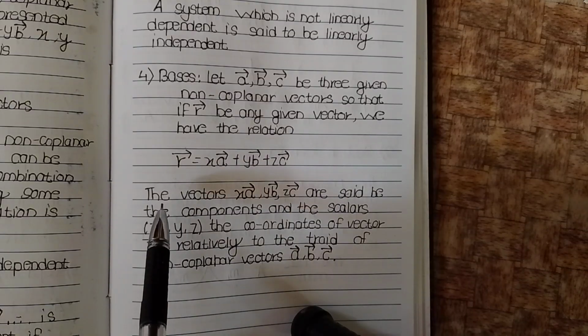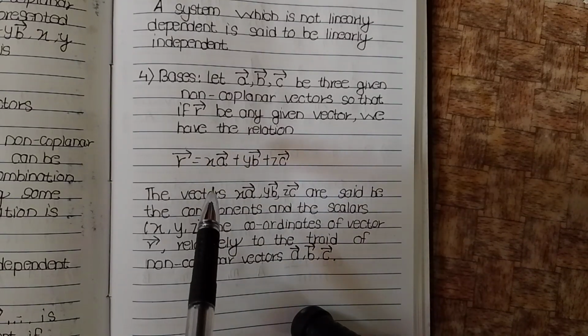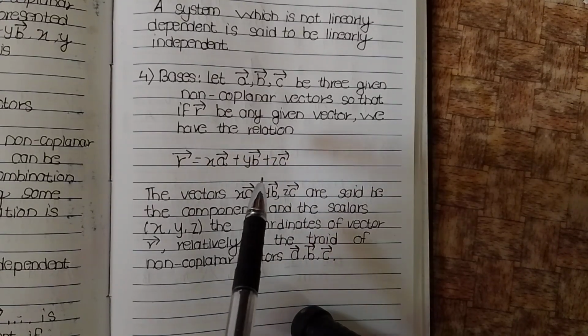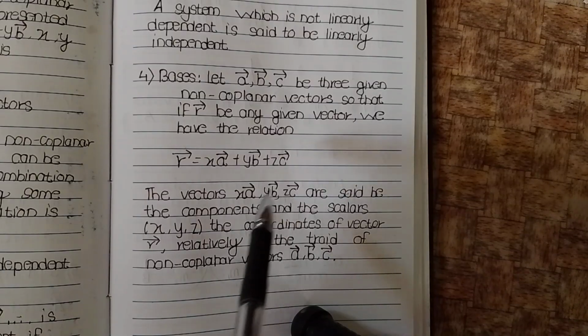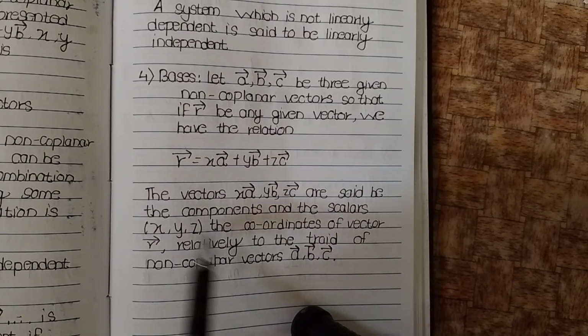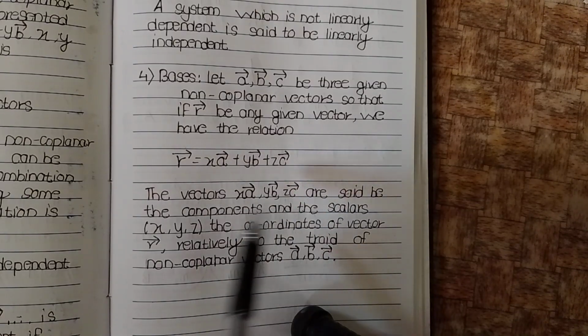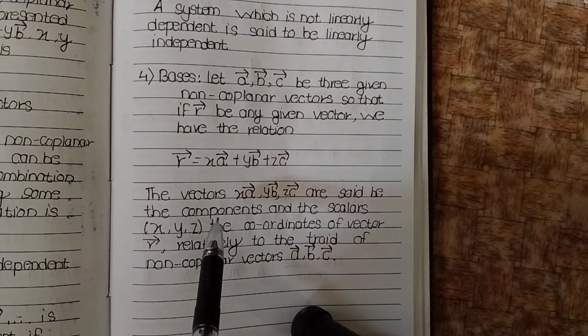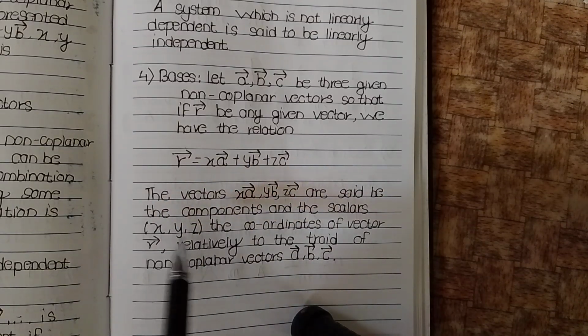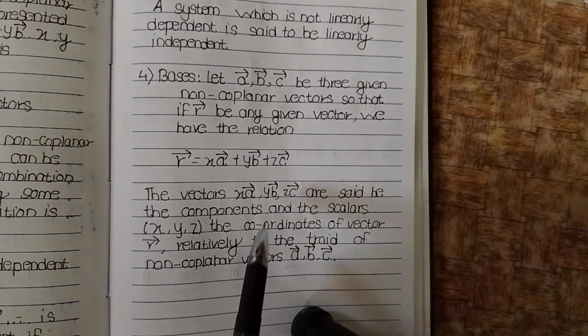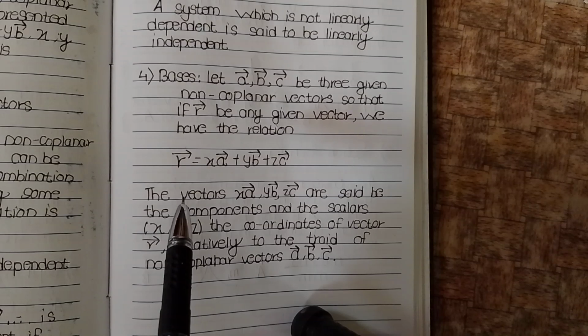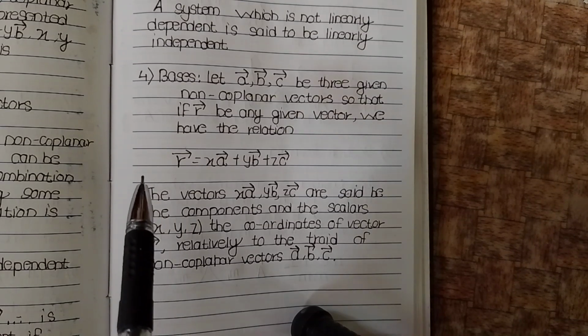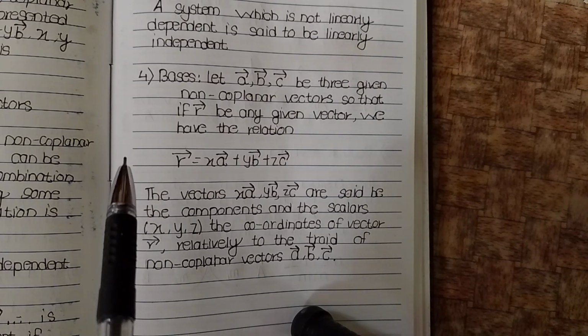Here I have written some notes. The vectors X A vector, Y B vector, Z C vector are said to be the components, and the scalars X, Y, Z the coordinates of the vector R vector relative to the triad of non-coplanar vectors A vector, B vector, and C vector. Okay, you have to remember this.